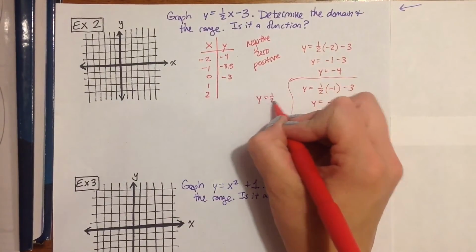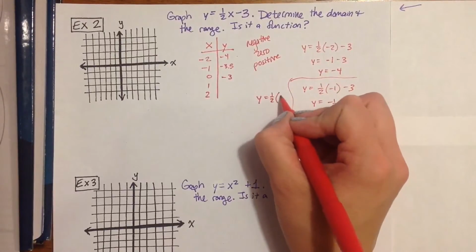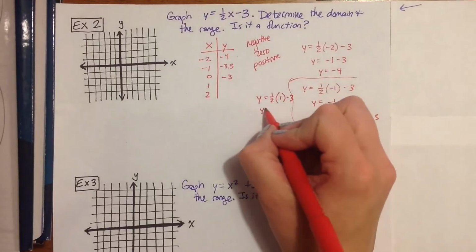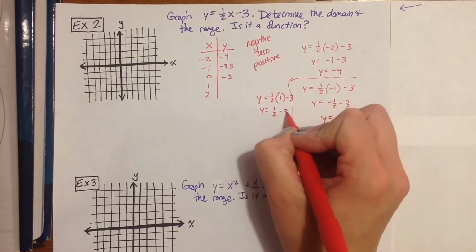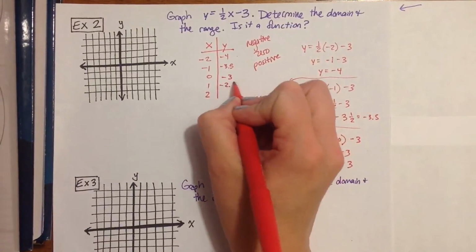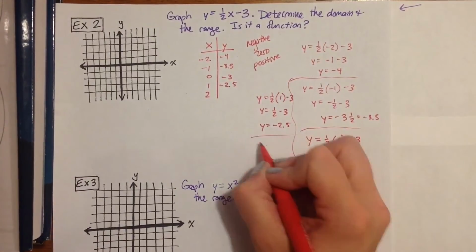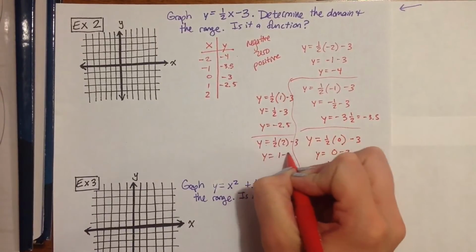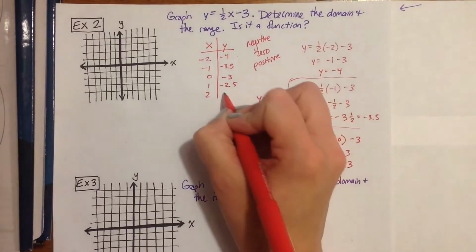Plugging in 1, and I'm doing these kind of fast because I know that you guys can handle this order of operations, simplifying pretty well. I have 1/2 minus 3, so I'm going to have -2.5 on that one. And the last one, 1/2 of 2 minus 3, I get 1 minus 3, I get -2.